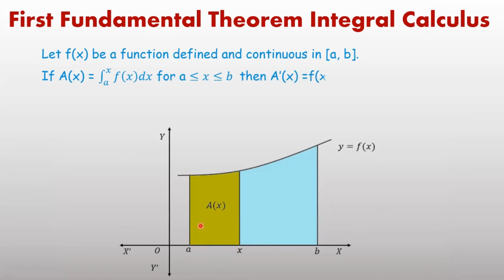Then the area function A(x) we can write as integration of a to x f(x) dx for a less than or equal to x less than b, where A'(x) equals f(x), or you can say the differentiation of A(x) is f(x), or the integration of f(x) is A(x), for all x belonging to [a, b].